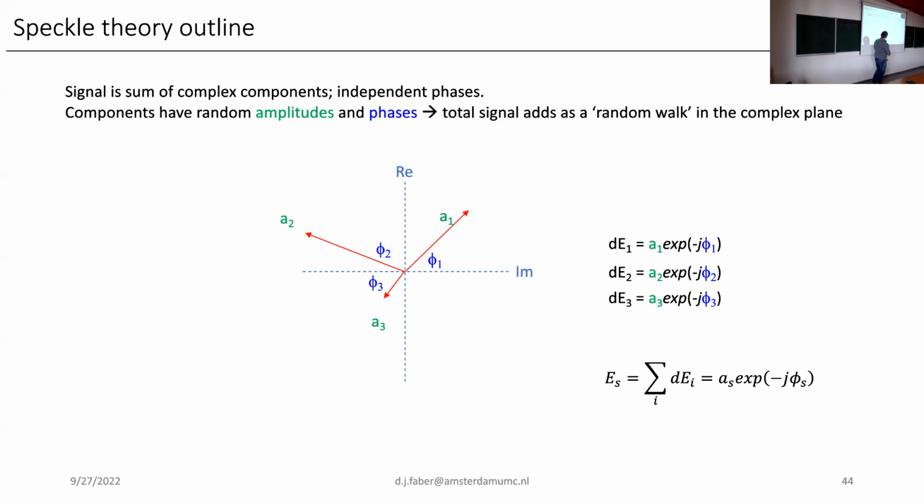Mathematically, the field of the sample will be given as the sum of all these individual components. Now you could show that if the individual components all have this form, the resulting sum will also have this form: some amplitude and some phase.